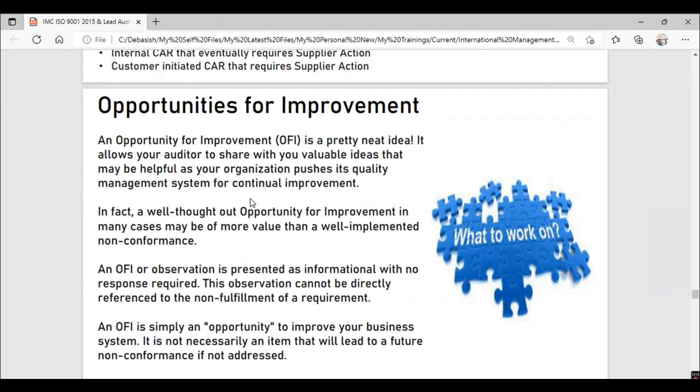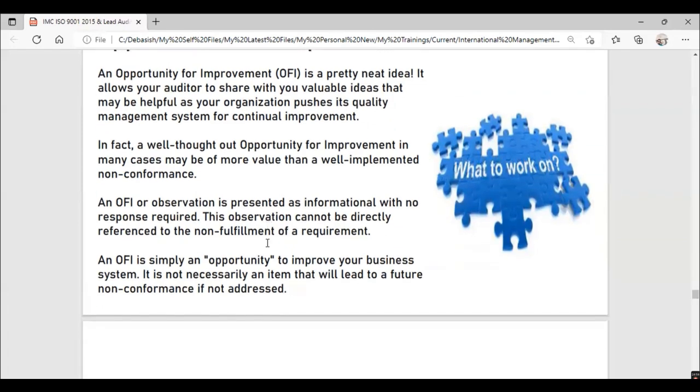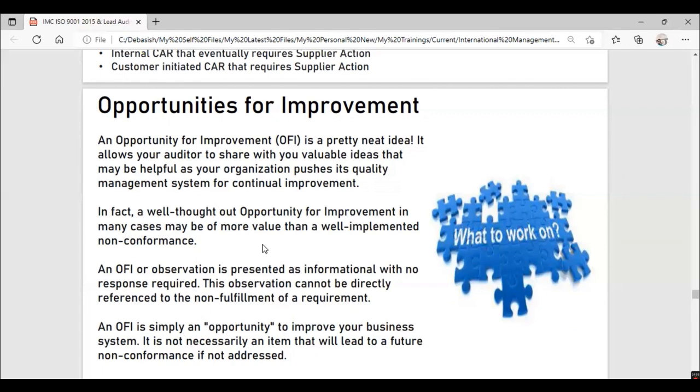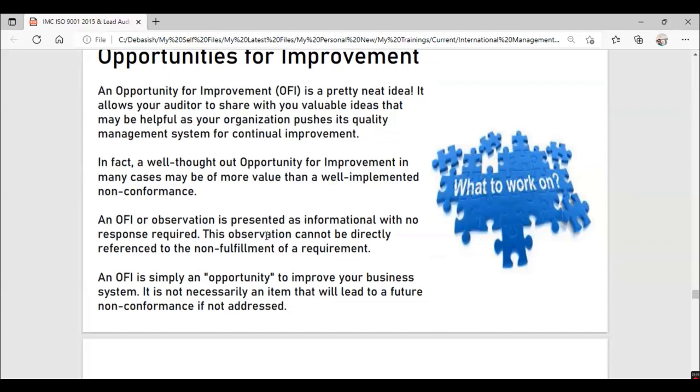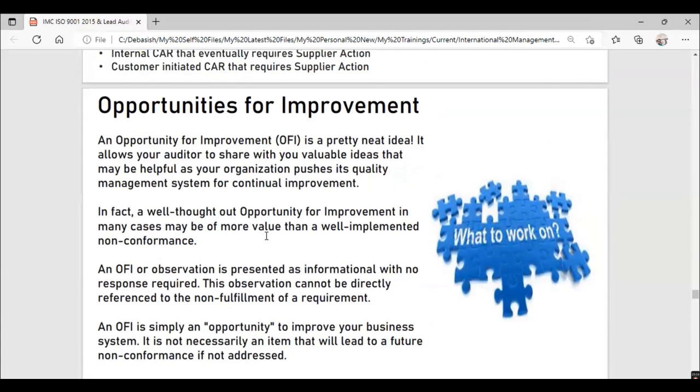Number 4, identify physical bottlenecks, if any. And number 5, determine how long current practices have been in place. An opportunity for improvement, or OFI as it's shortly called, is a pretty neat idea.